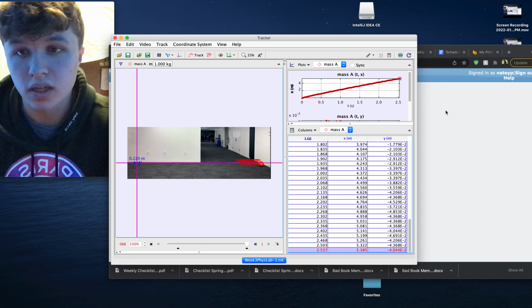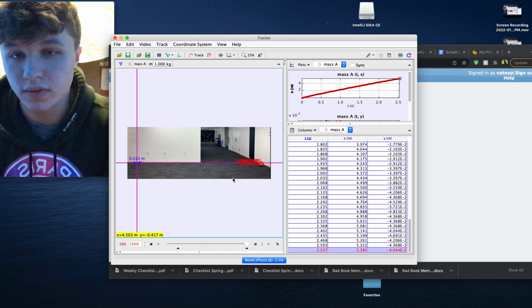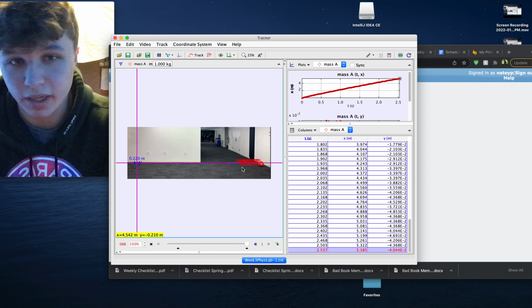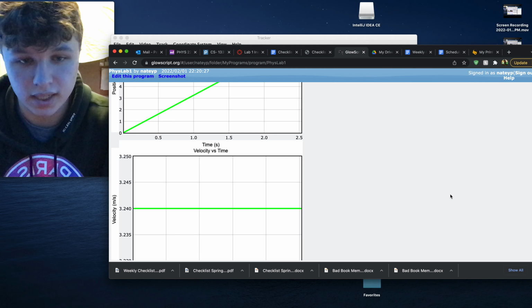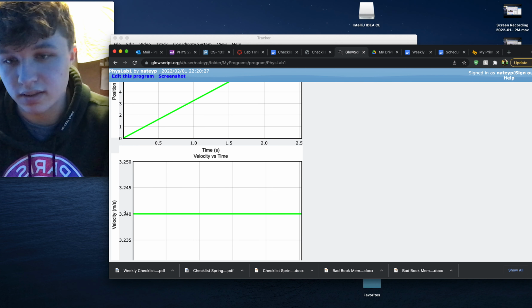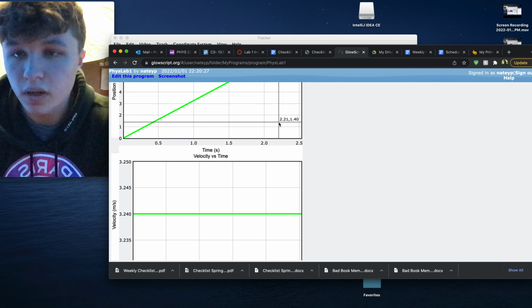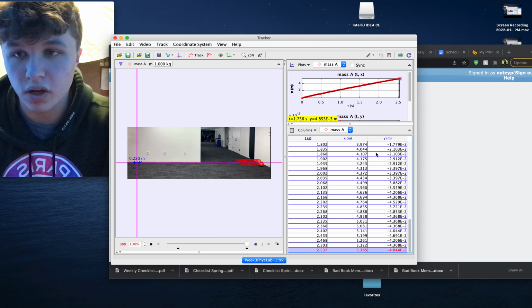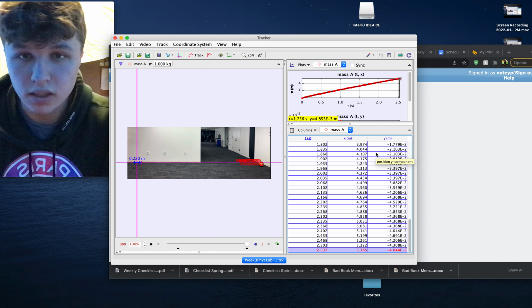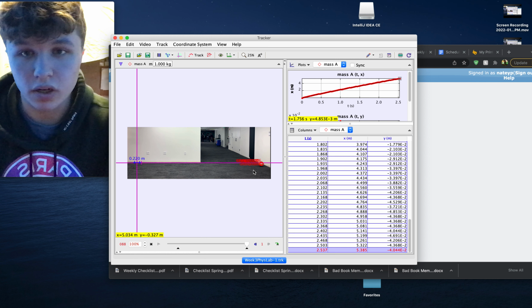The model just predicts the final position given the initial velocity and the amount of time I gave it. The amount of time was 2.537 seconds, and the velocity is 3.240. So yeah, essentially that's how I got all that. It was off by a good bit, but that's down to mainly human error.